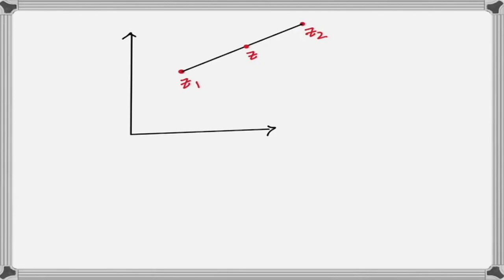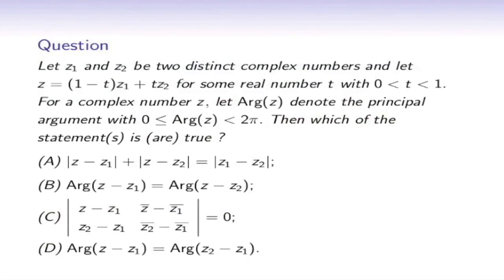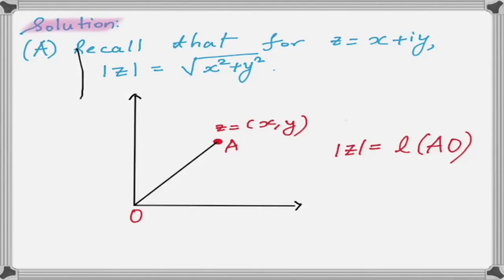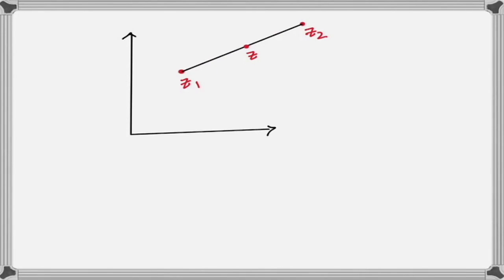Notice that since z is of the form (1 minus t) times z1 plus t times z2, if t equals 0, then z is equal to z1, whereas if t is equal to 1, then z is equal to z2. Since t lies in the interval 0 to 1, z is distinct from z1 and z2, and z lies on the line segment joining z1 and z2.